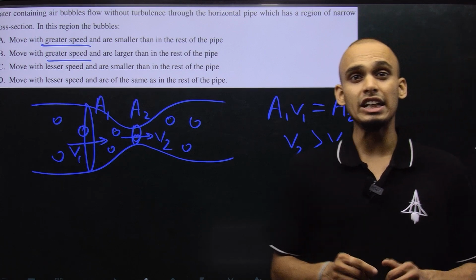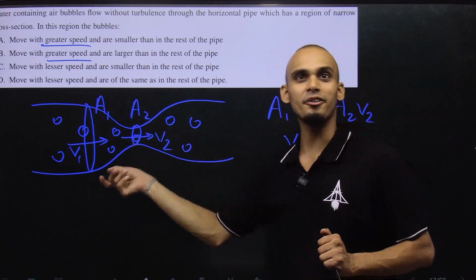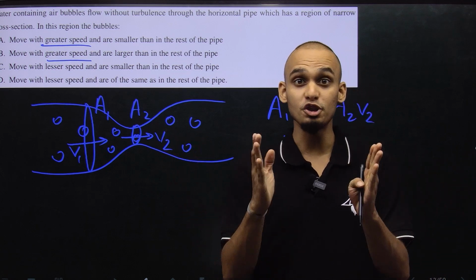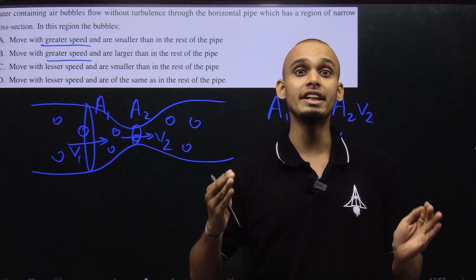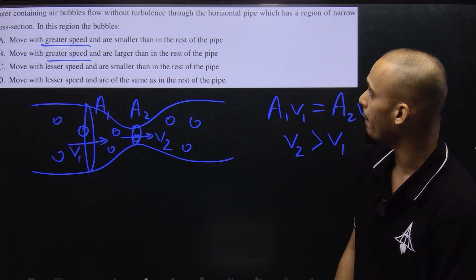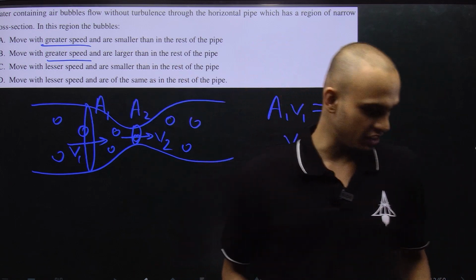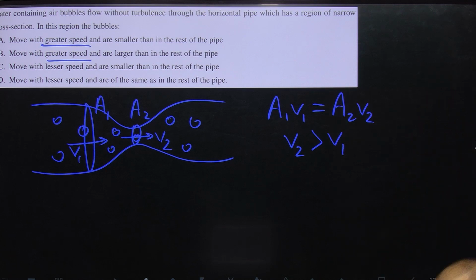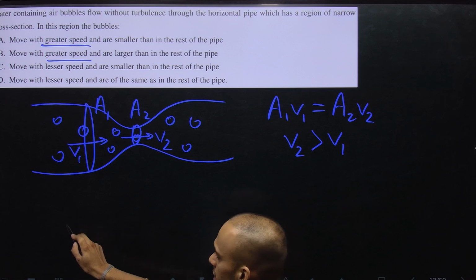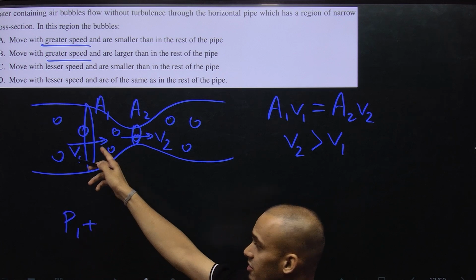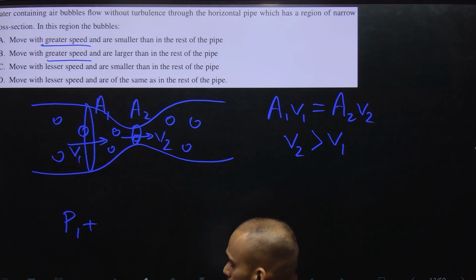Intuitively, you can say that since the pipe is narrower, the bubbles will be pushed inwards and might decrease in size, and you will be tempted to answer option A. But let's see where the maths takes us. The other equation is Bernoulli's equation. P1 plus rho gh, but they are at the same horizontal level, so we can ignore rho gh.